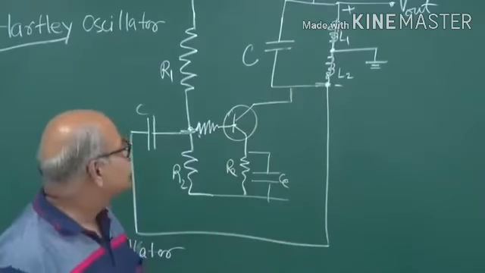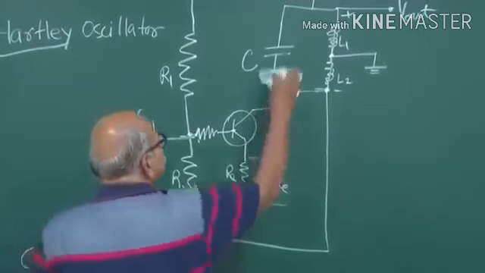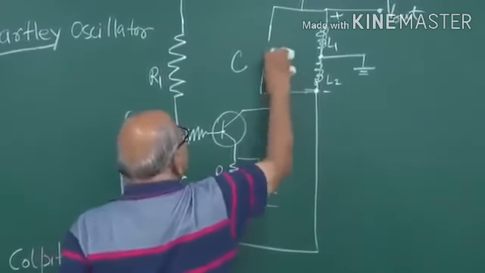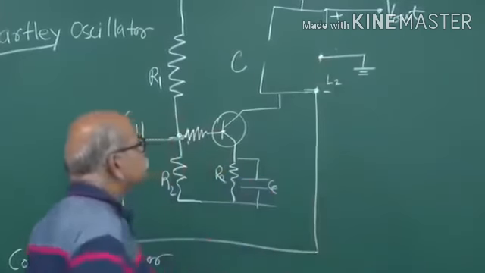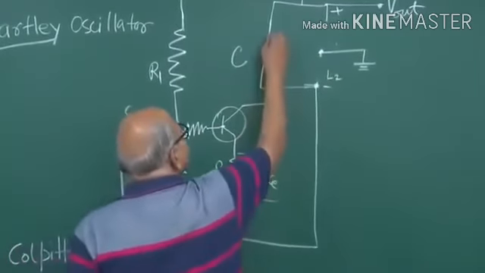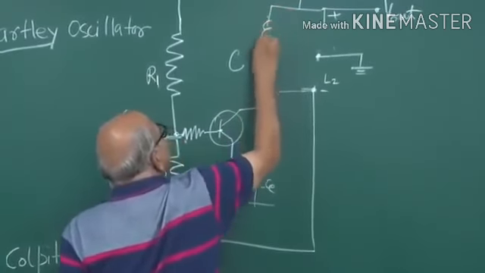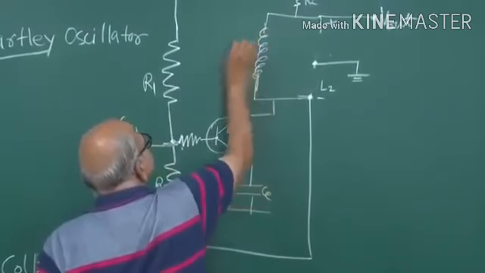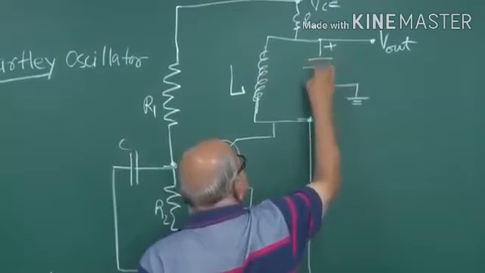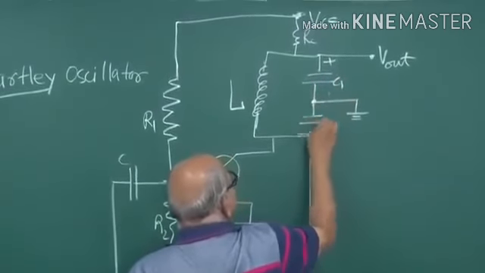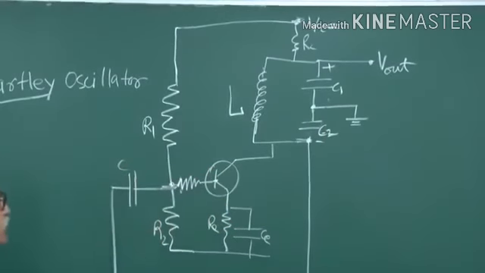So I can just modify this design itself. You will have an inductor here, this is L, and then you have 2 capacitors here, C1 and C2. So this also works well. This is known as a Colpitts oscillator.